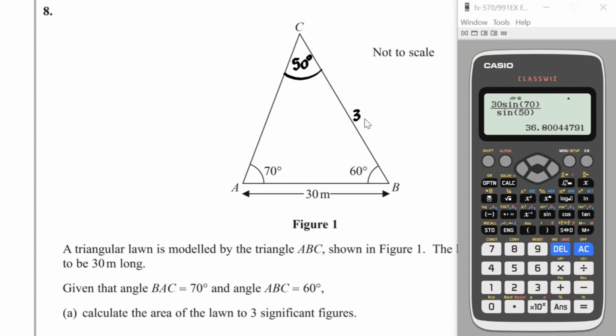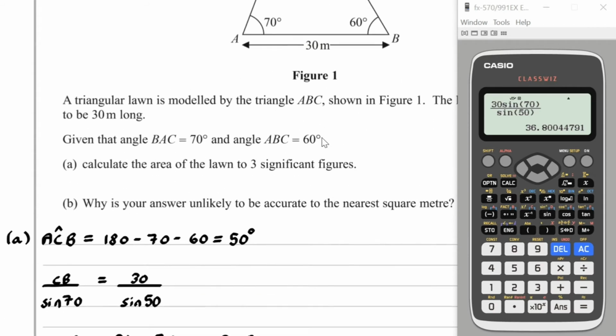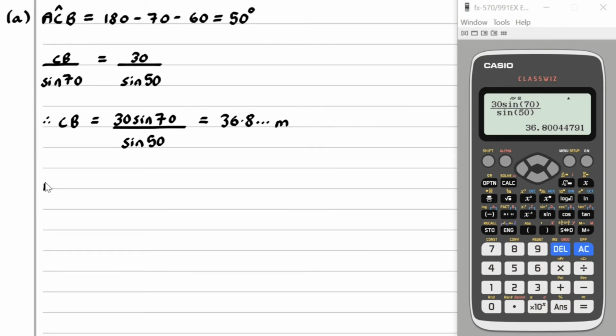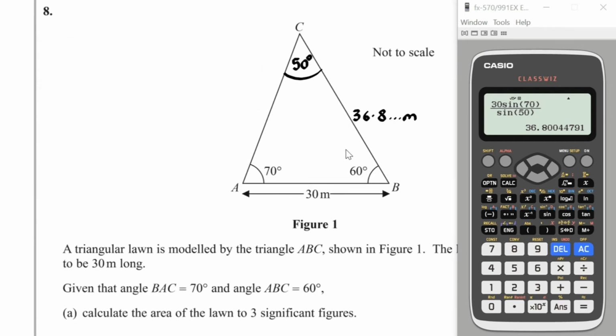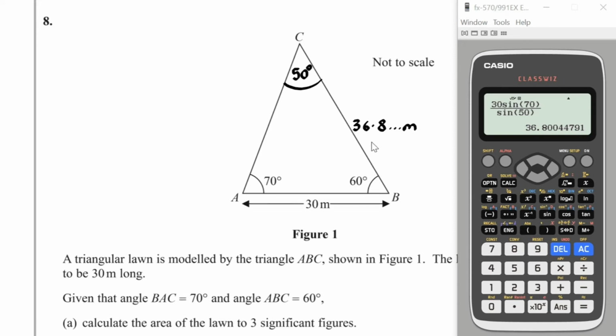We have 36.8 etc. meters. And now we can use a half AB sine C to calculate the area. And so the area here would equal 1/2 times 36.8 etc. times 30 times, well, we've got the sine of 60, we've got this side and this side, which are in between the angle 60 degrees.